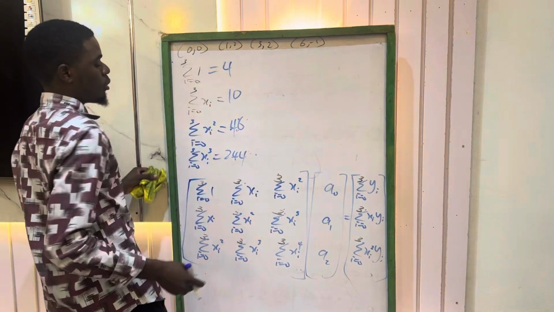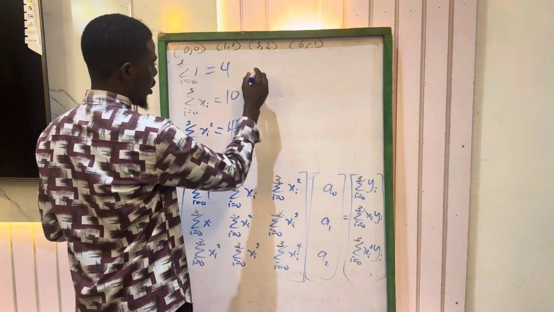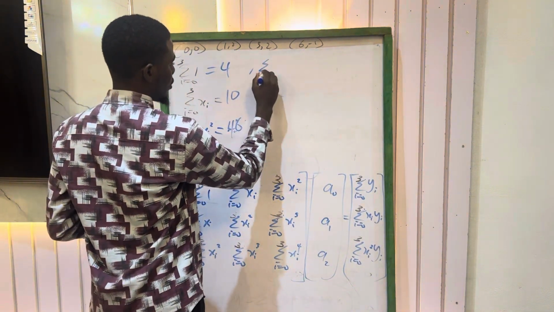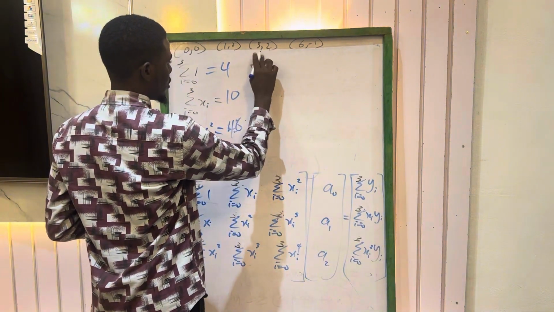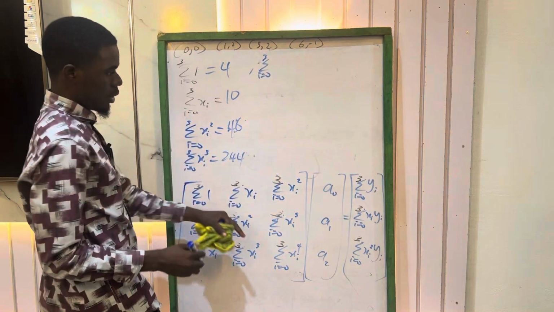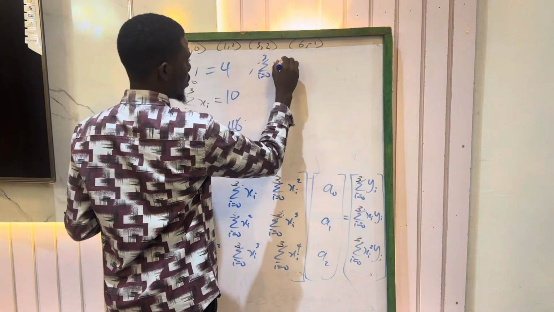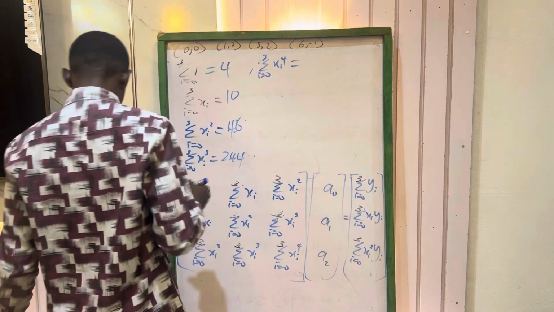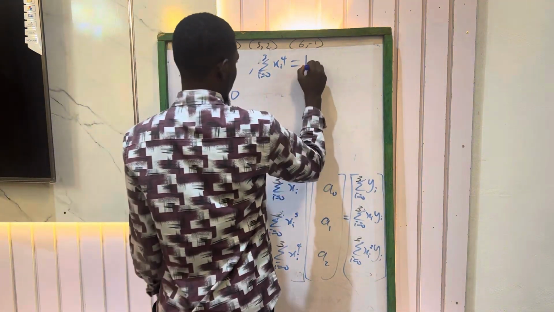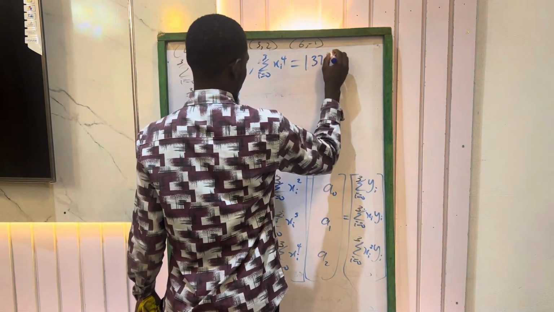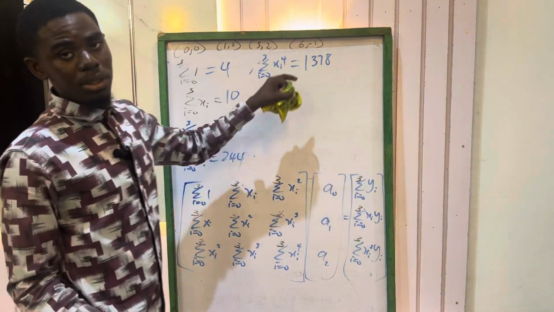So applying the same method we have been applying so far, if we do our summation of i equals 0 to 3 for xi raised to power 4, by the time you solve that one now, you're going to get 1,378. So 1378. That's going to be the value for that.